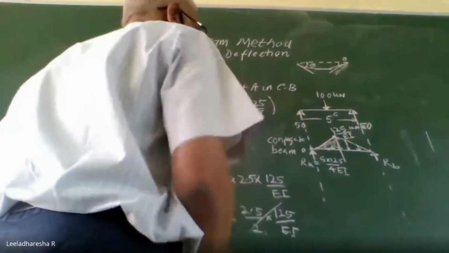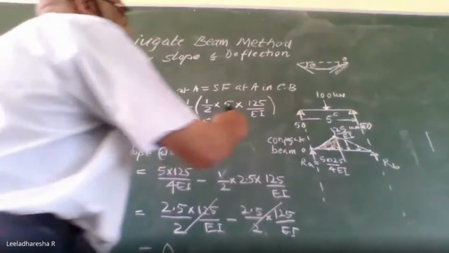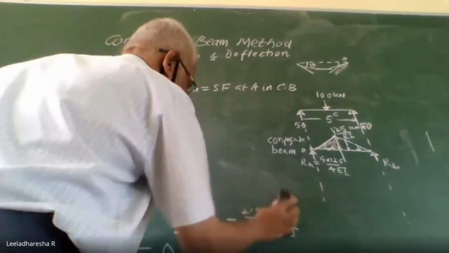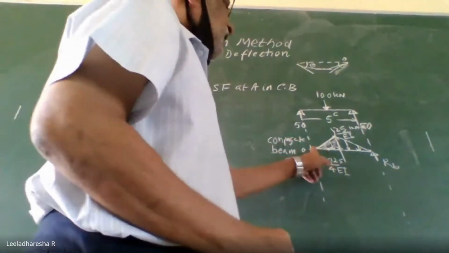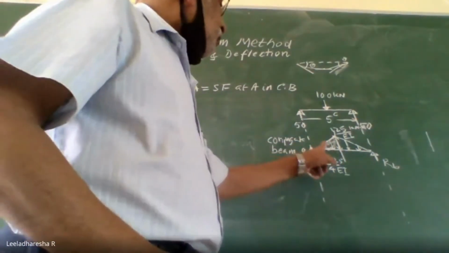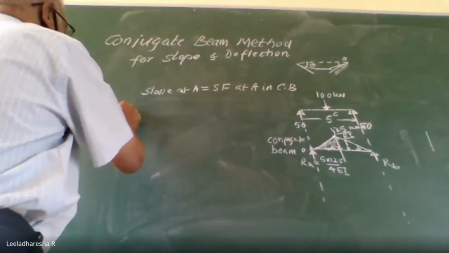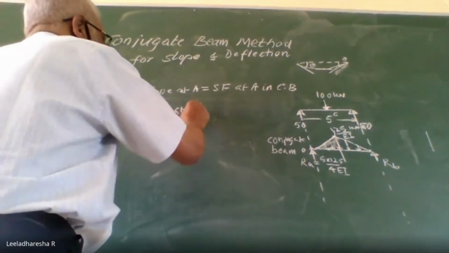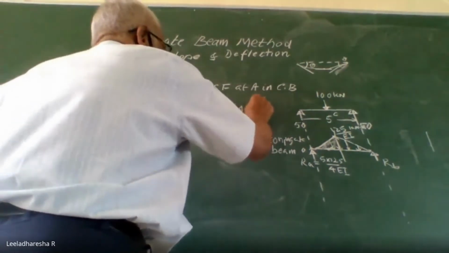We will go for the next concept, where we need to determine the deflection at A and deflection at the center. Deflection at A is nothing but bending moment at A. So, if I want deflection, the relation for the conjugate beam is deflection at A is equal to bending moment at A in the conjugate beam.